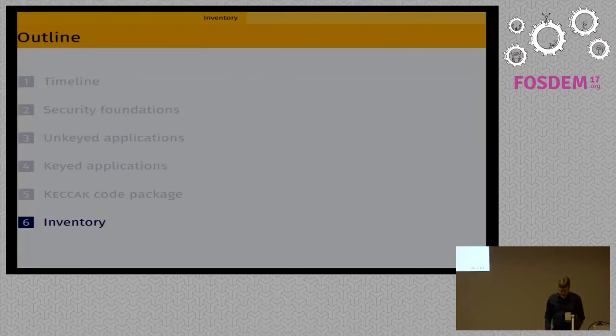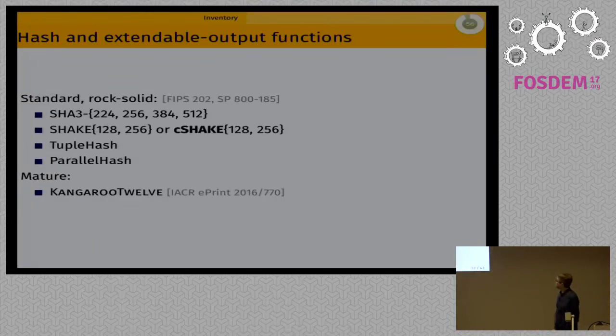Okay, so I will recap what I mentioned before with some inventory. For hash functions and extendable output functions, so the generalization of hash functions to any output size, we have some standard rock-solid instances, so the SHA-3 instances, the SHAKE from FIPS 202, and then the generalization of SHAKE with cSHAKE in the latest standard.